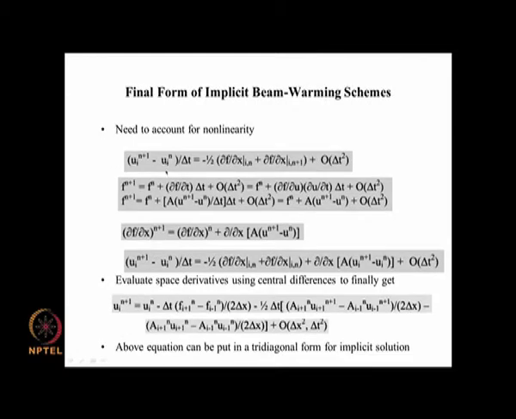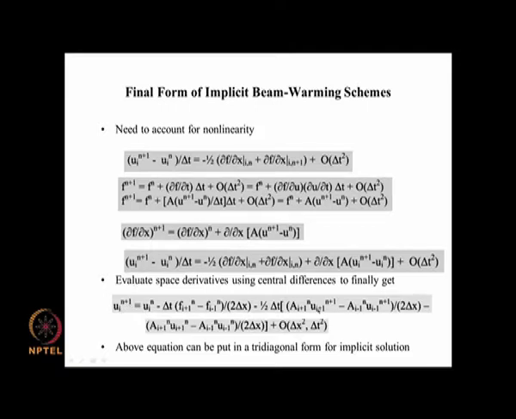Through some manipulations and evaluation of terms, we finally got an expression for advancing from time step n to time step n+1, where we evaluated the space derivatives using central differences to get an equation for u_i^(n+1).